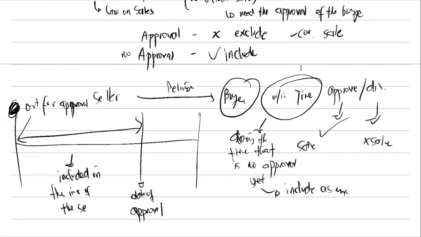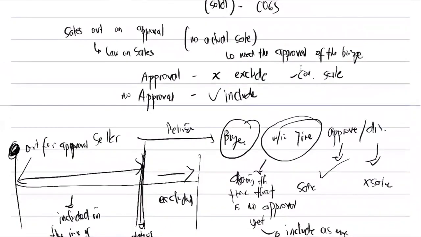Why? The risks and rewards is still with the seller because you need the approval of the buyer. At the time of approval, and after it, it is now excluded. Okay, so I hope we are clear with sales out on approval.